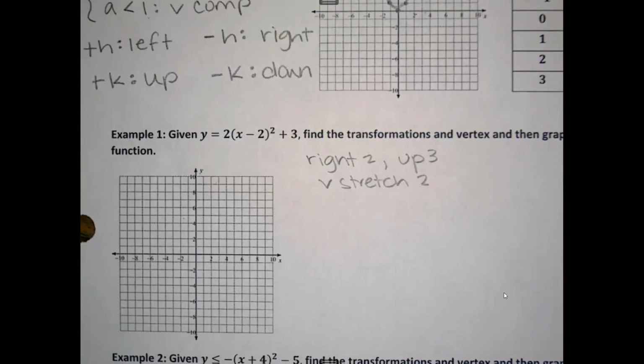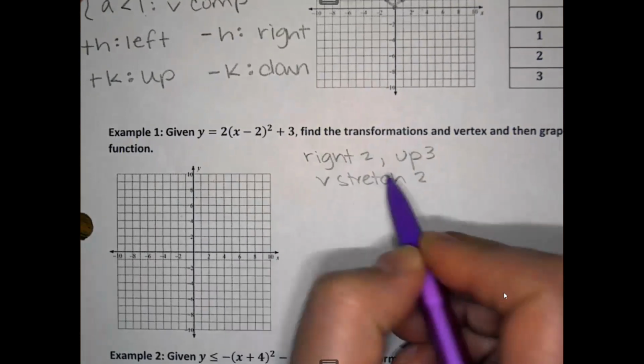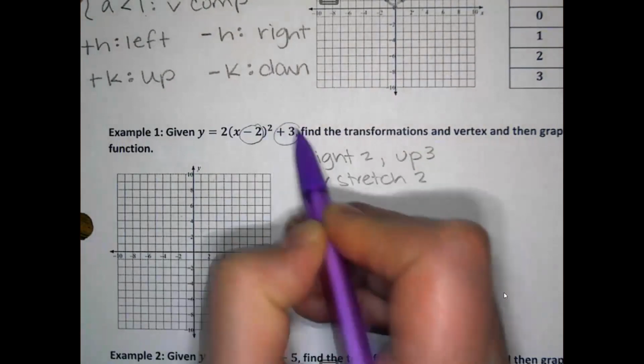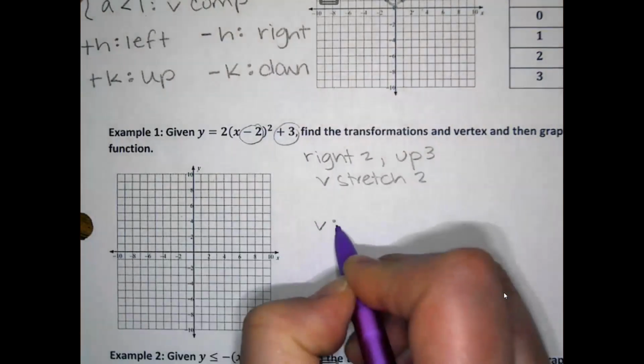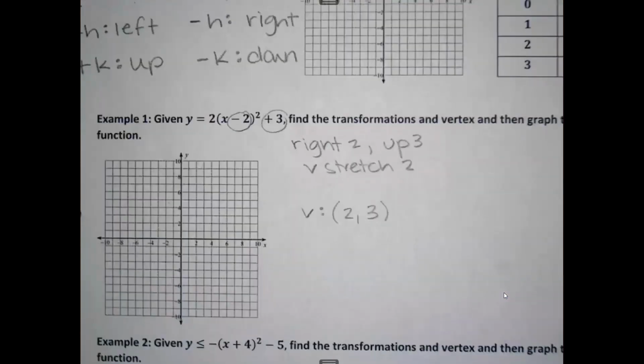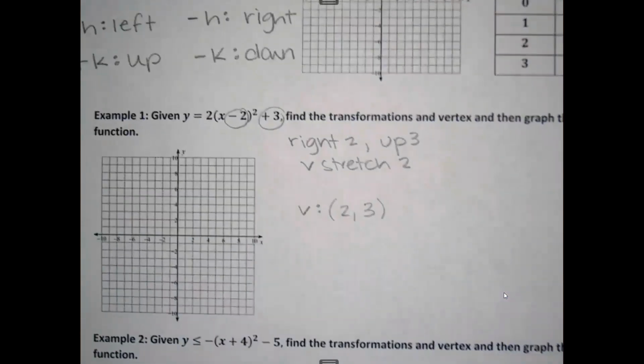All right. So we've got the transformations, and then can somebody tell me what the vertex is? 2, 3. Okay, so we've got the transformations, we've got the vertex, now we just have to graph it. So let's go ahead and plug this into Desmos.